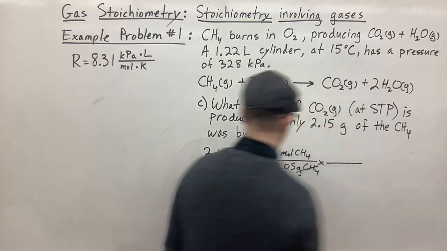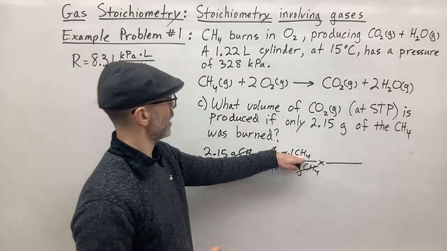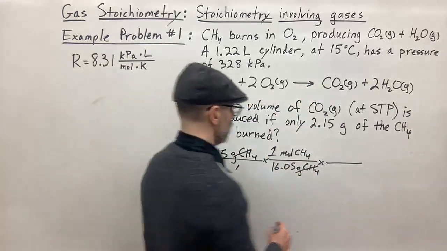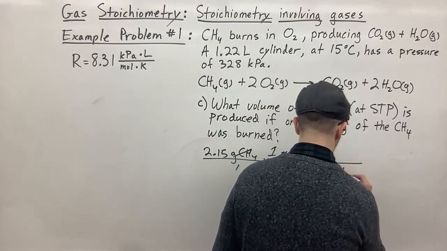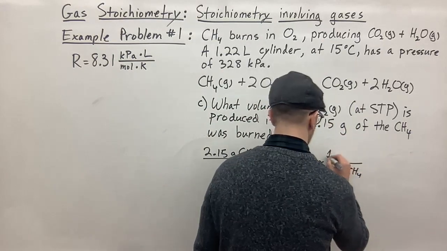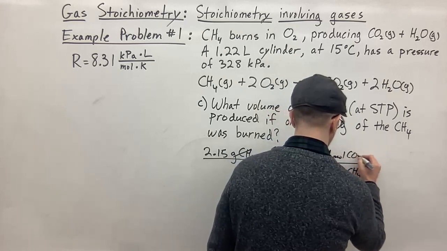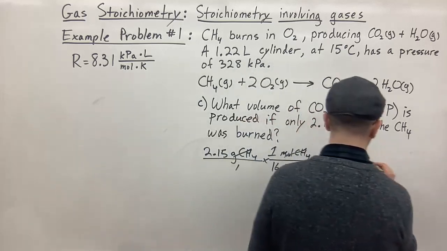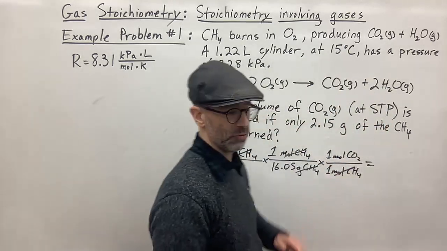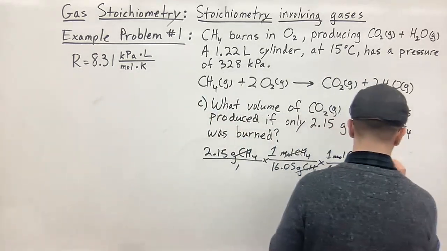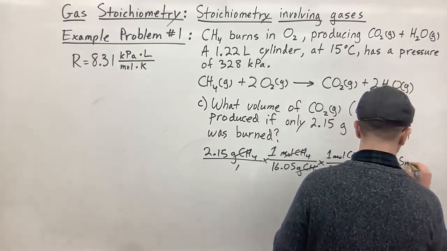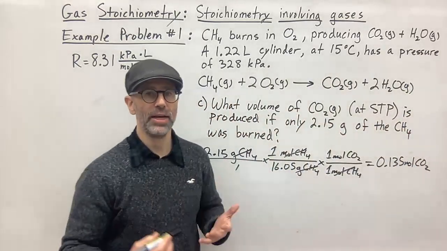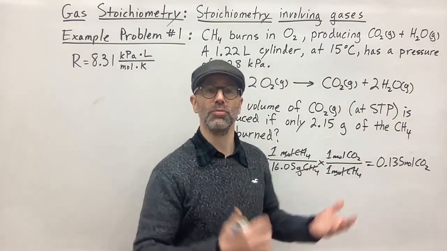Now I can use the mole ratio between the methane and CO2, which is 1 to 1. So 1 mole of CH4 on the bottom, 1 mole of CO2 on top. So moles of CH4 cancel out. And so then I can calculate the number of moles of CO2, and that's going to be 0.135 moles of CO2.